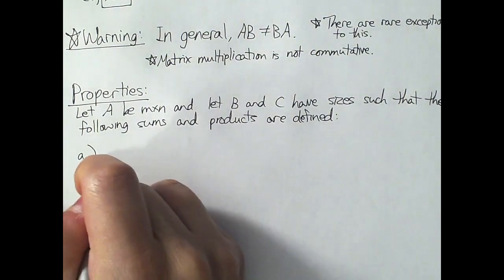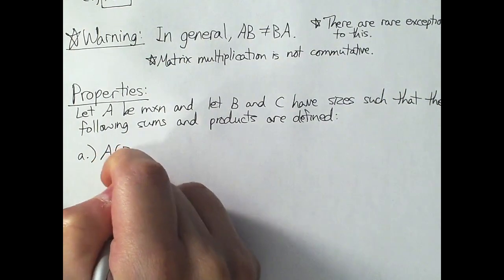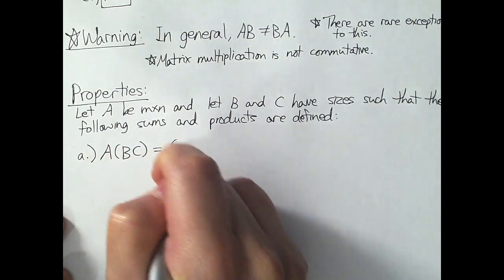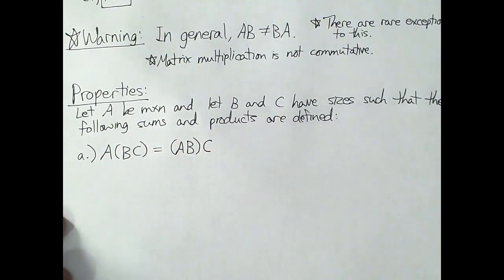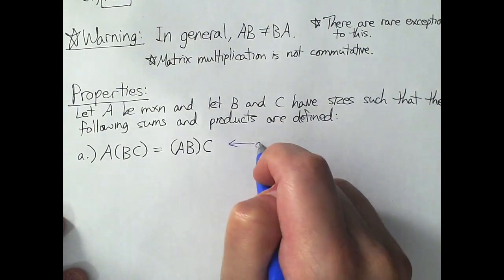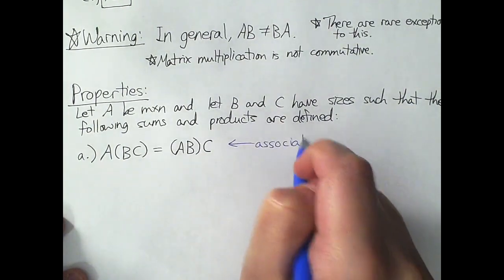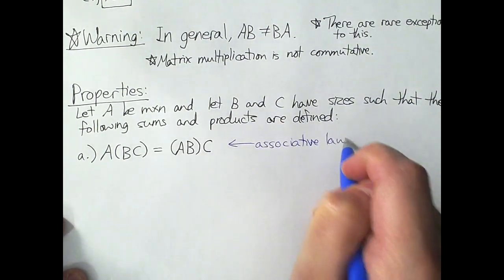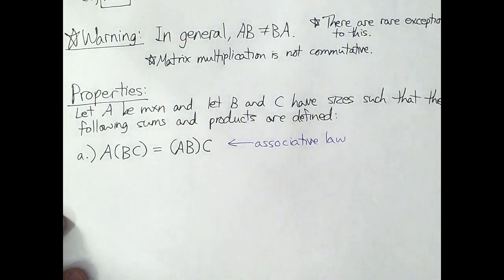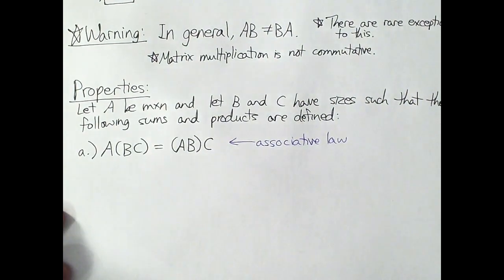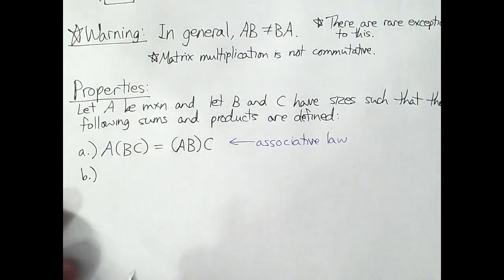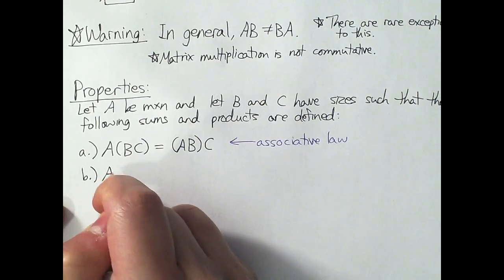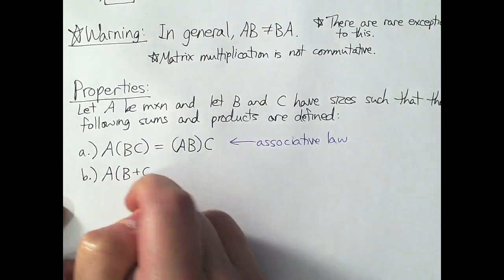First property, A times BC does equal AB times C. All right, so this is the associative law for matrix multiplication. Next one is, what if you have A times B plus C?